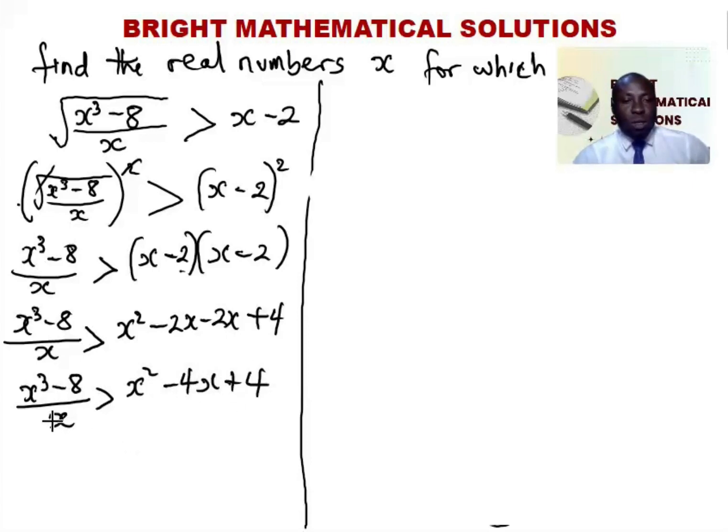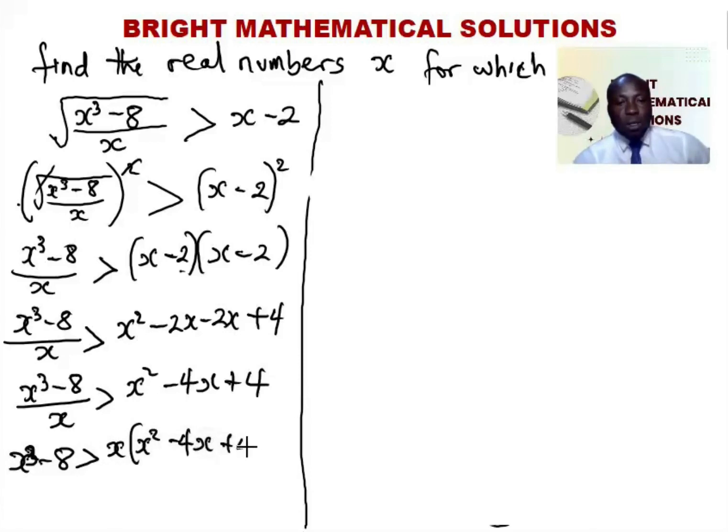So let us use x to multiply both sides such that we have a linear function to deal with. This now becomes x raised to the power 3 minus 8 is greater than x times (x squared minus 4x plus 4). If we open this bracket, this becomes x raised to the power 3 minus 8 is greater than x raised to the power 3 minus 4x squared plus 4x.